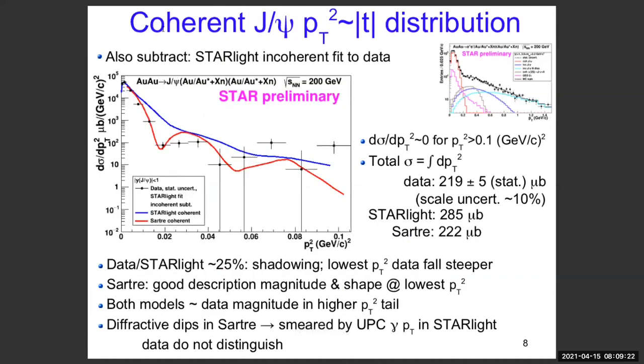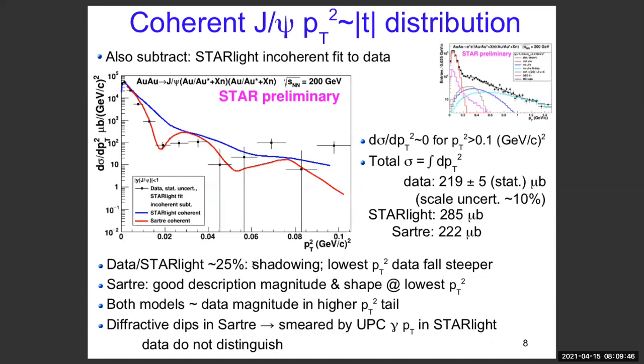Okay, now if we also subtract the fit to the incoherent, we can isolate the coherent peak. So you see here's the description. The total cross sections of the whole coherent peak are given here. And you see that Sartre comes very, very close. Starlight overshoots by about 25%.